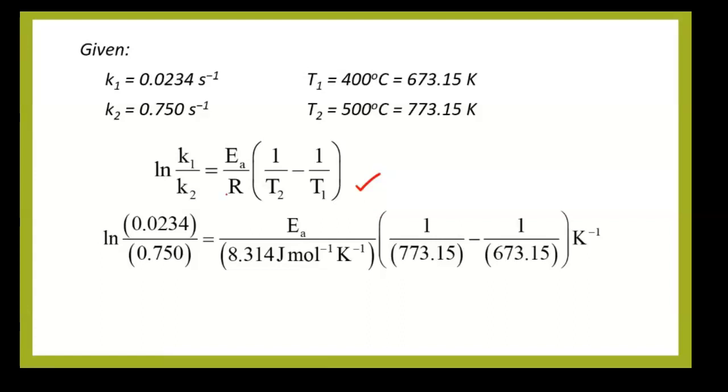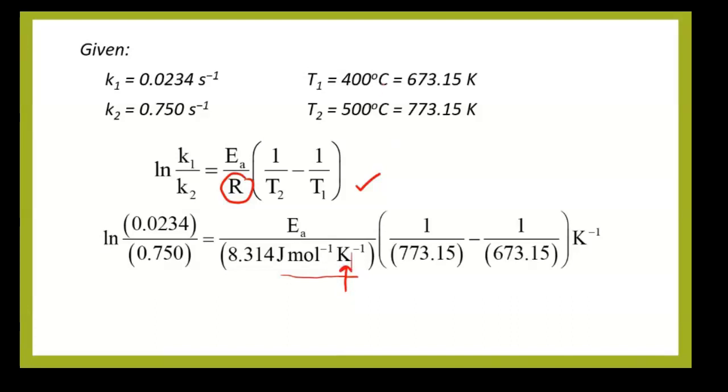So remember this equation. You can directly take the values from the question given, but you need to remember the constant R. If you forget in the exam, you can check the constant value on the front page. The value of R is 8.314 joule per mole per Kelvin. So it shows that the temperature must be in Kelvin.